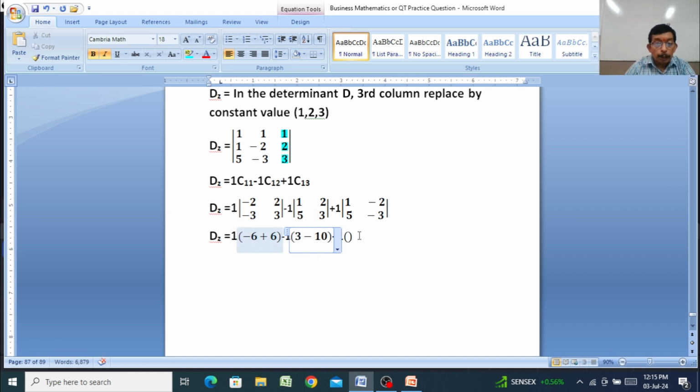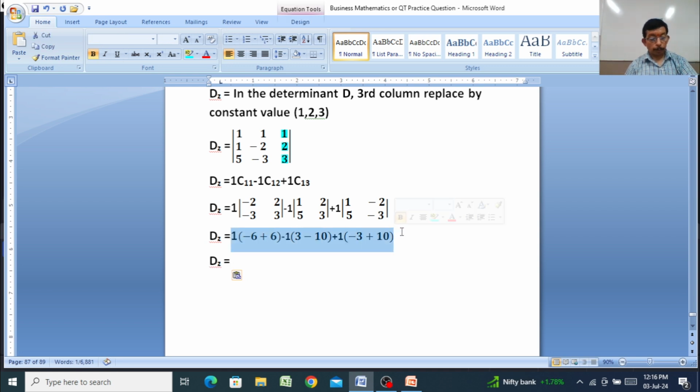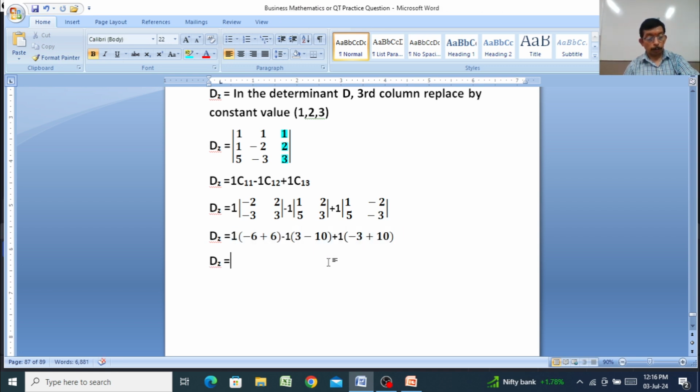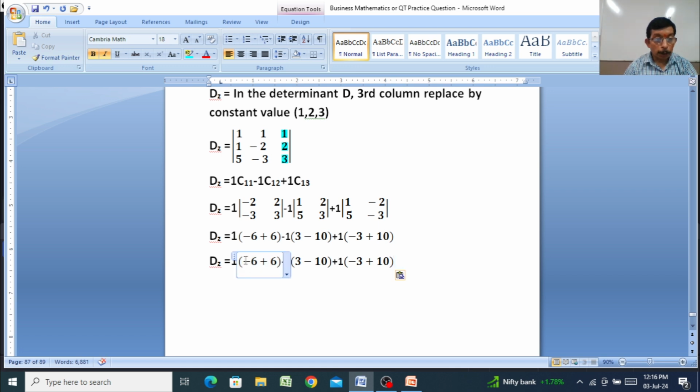Now the next elements are -3 and 5, 2 is 10, so -3 plus 10. Simplify. -6 plus 6 is 0.